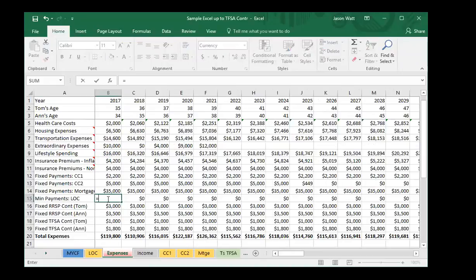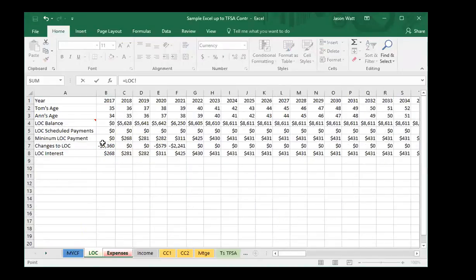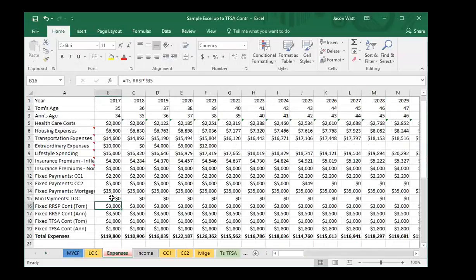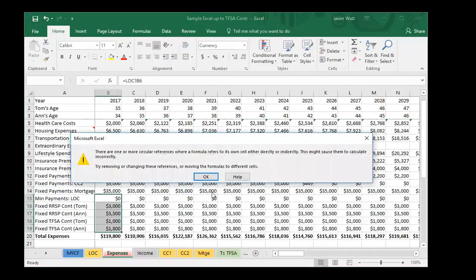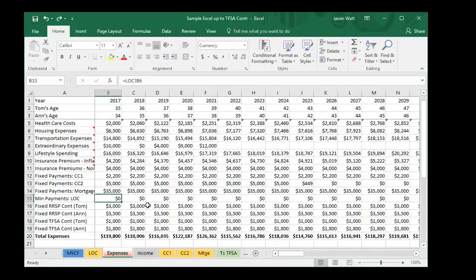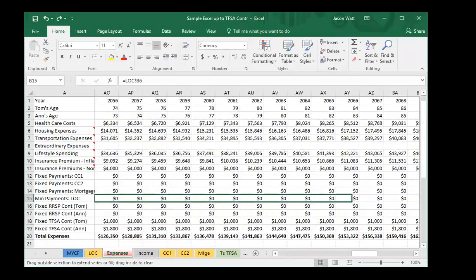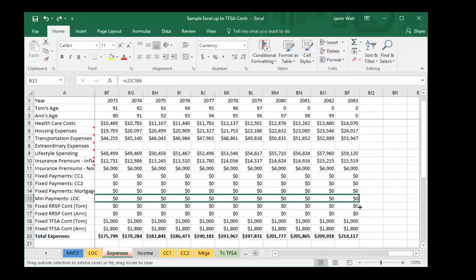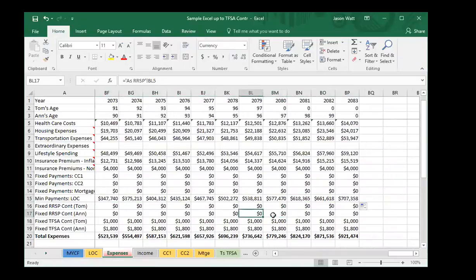So now we're going to pop back to our expenses. And now I'm going to make that based on, like I just did, that minimum line of credit payment amount. And I'm going to copy that all the way across. Sorry, that was Excel not liking my double click there. For some reason, Excel is really sensitive, or my mouse is really sensitive today to that double click thing. All right.